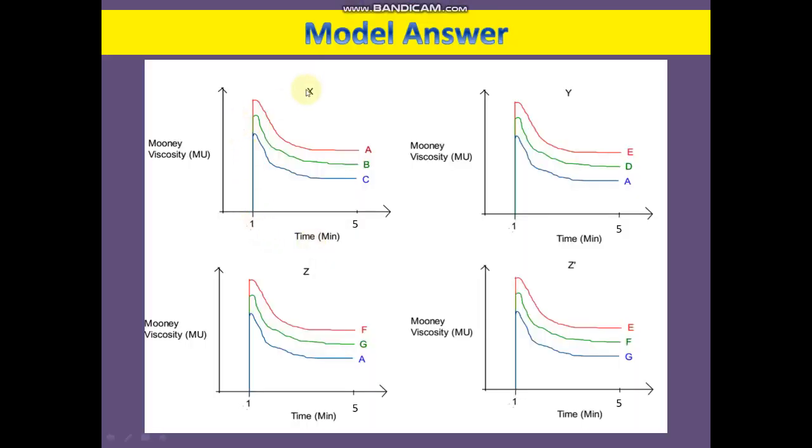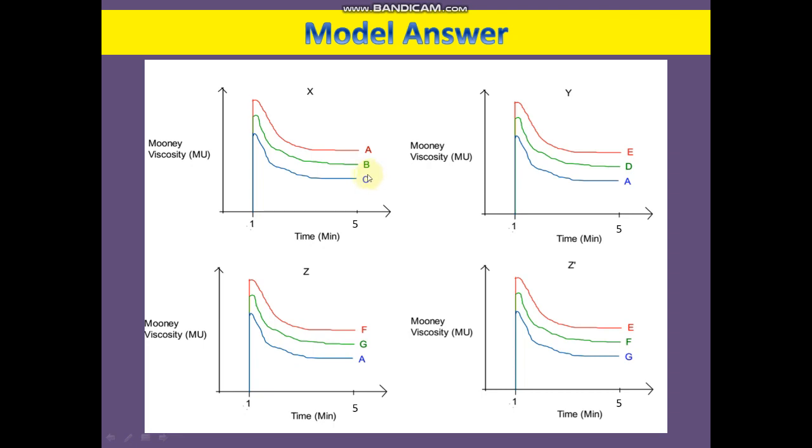So here you can see the graph, here Mooney units, and here is the time. So here are compounds A, B and C. A is the compound where no oil is available. B contains 1 PHR of processing oil, so the viscosity of B should be lower than compound A. And compound C contains more processing oil, that is 2 PHR.